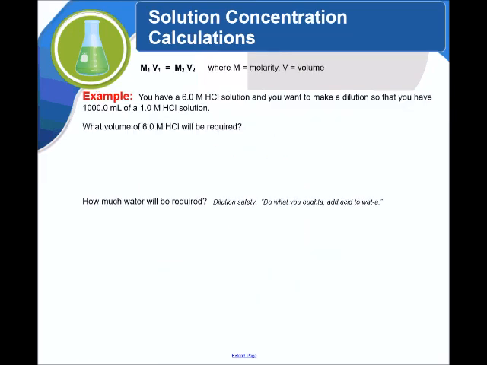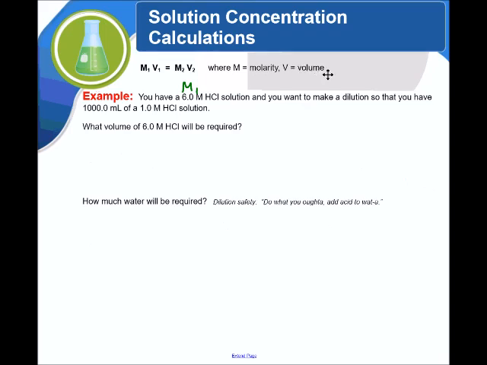Now, for an example, you have a 6.0 molar hydrochloric acid solution, and you want to make a dilution so that you have 1,000 milliliters of a 1 molar hydrochloric acid solution. What volume of 6 molar hydrochloric acid will be required? So let's look and label our problem. So you have 6 molar, that's M1.